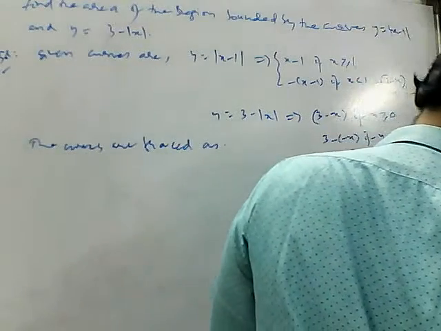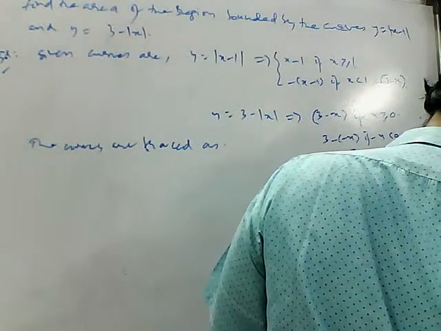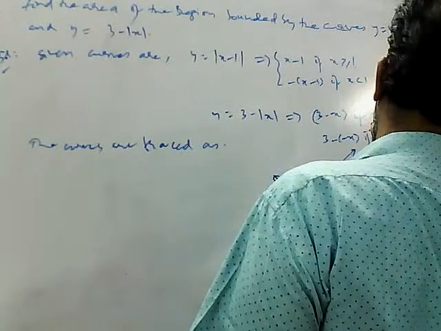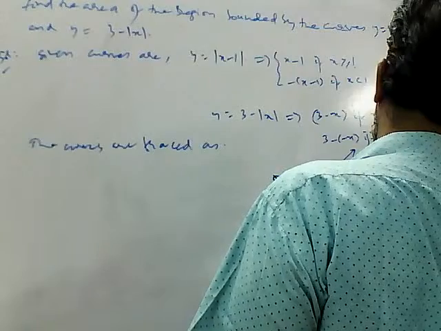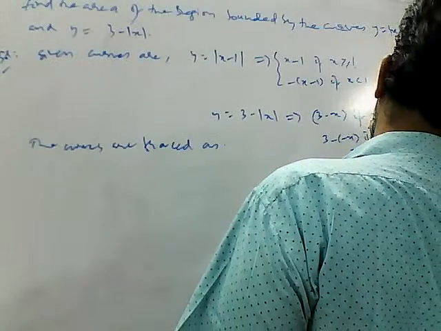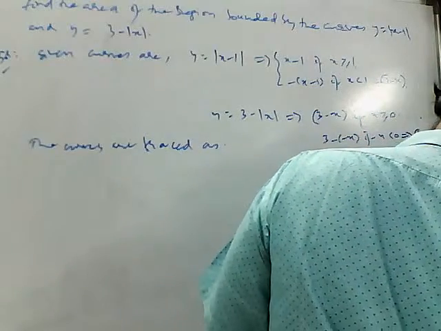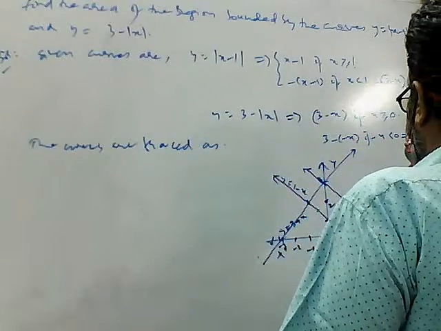Next, 3 to 4 into 2, 3. This is also 2. Here 2, here 3. y is equal to 3 minus x.